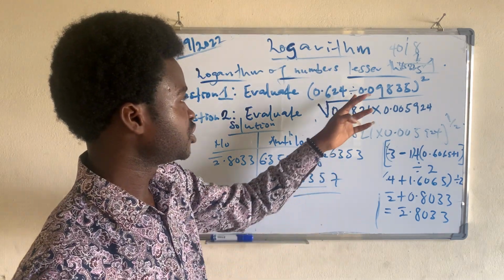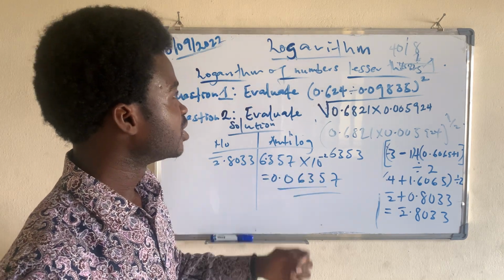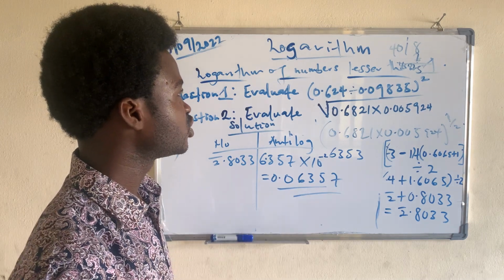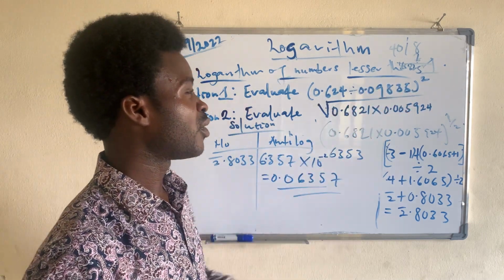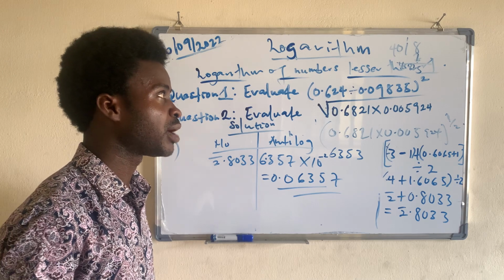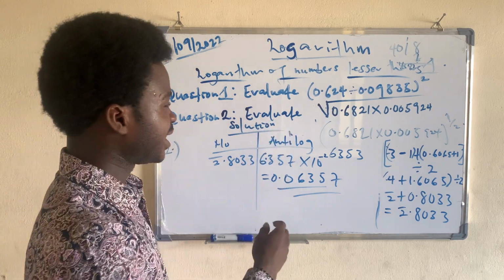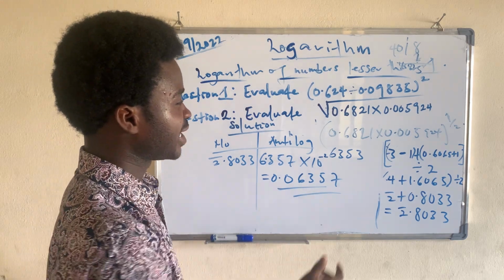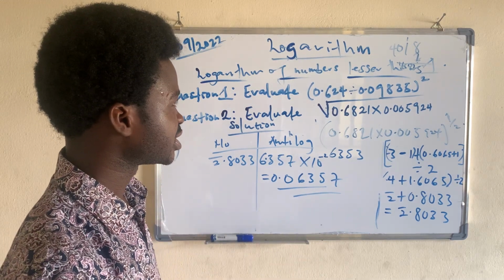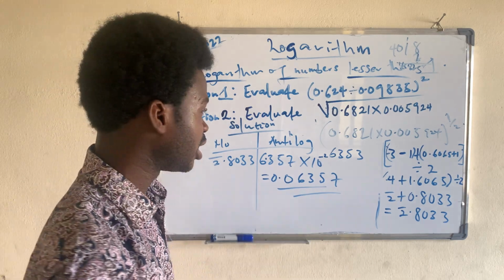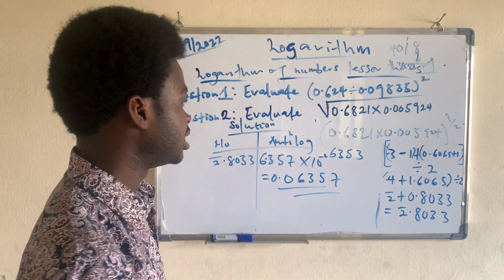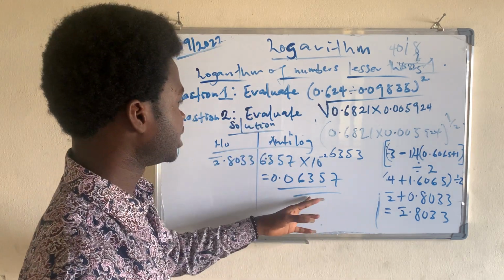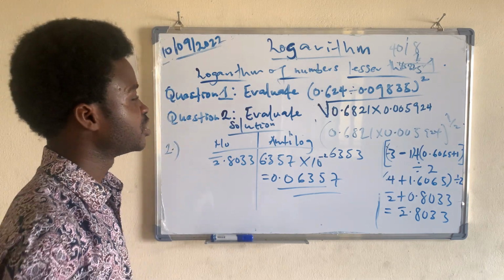When you have division, you subtract. When you have multiplication, you add the values. Whenever you are having a power, depending on if it is a positive or negative power, you will either multiply or divide the results. Then you get your value, then take the anti-log of the result you have.